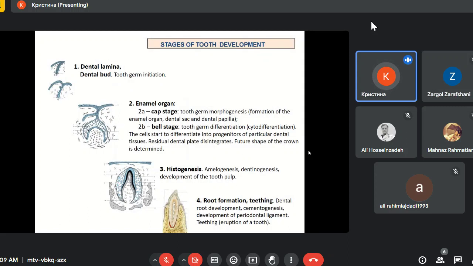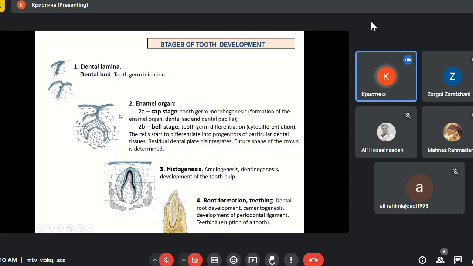So, stages of tooth development include first the dental lamina, invagination of the oral epithelium into underlying mesenchyme. Next, the dental bud at the end of the dental lamina.